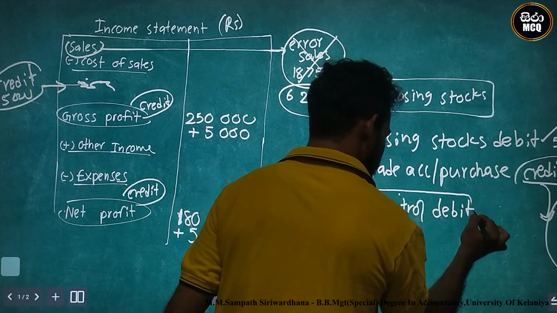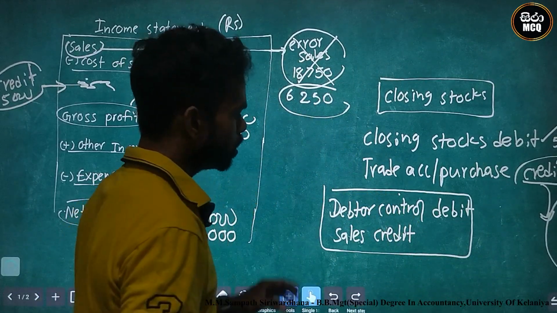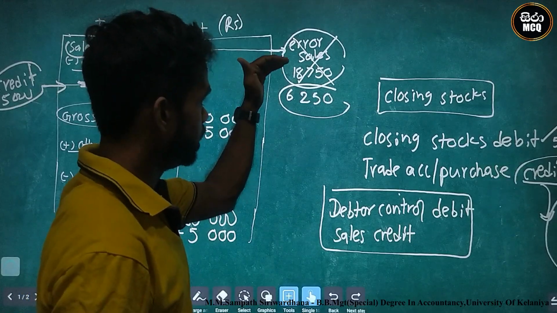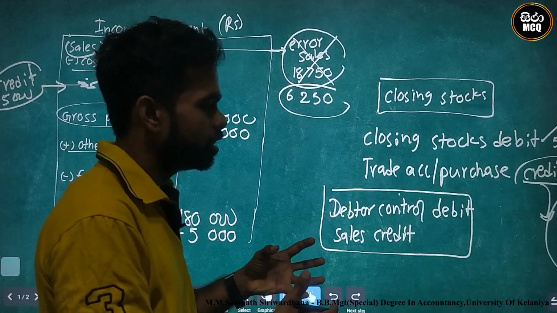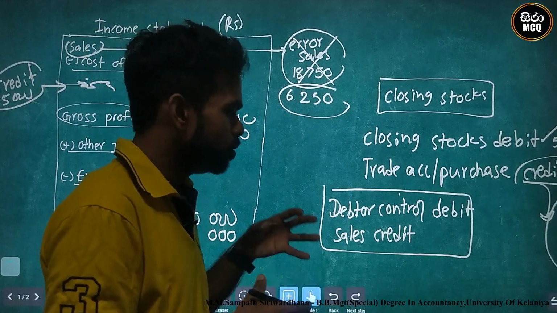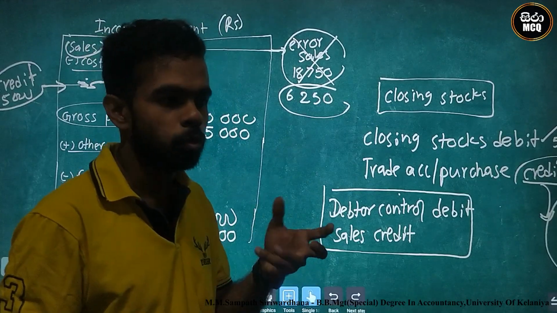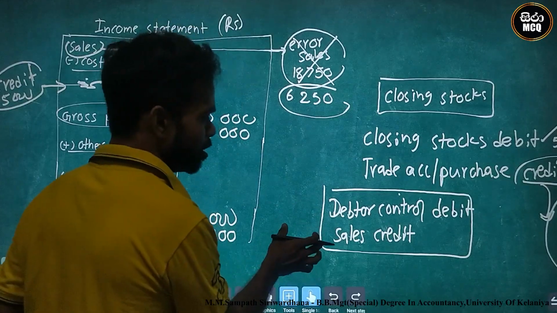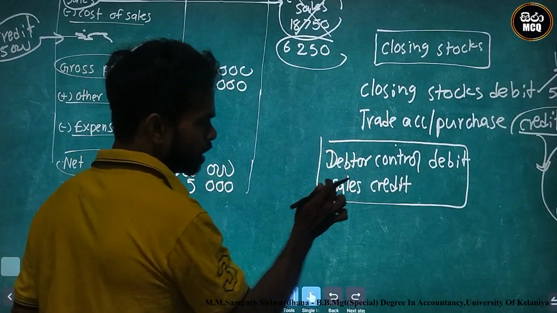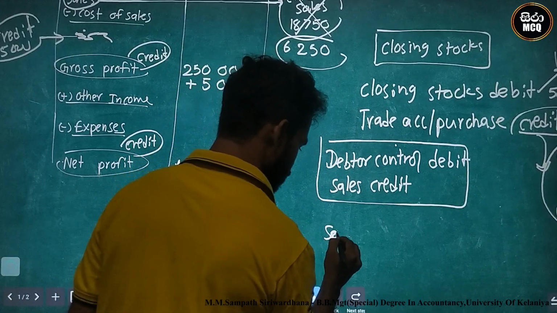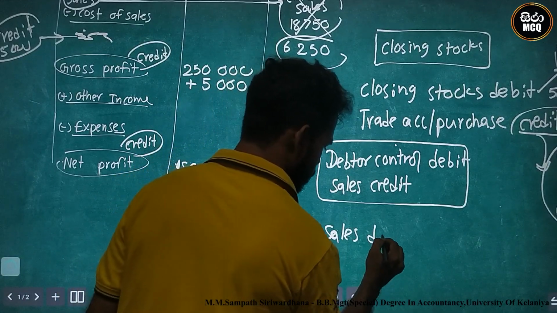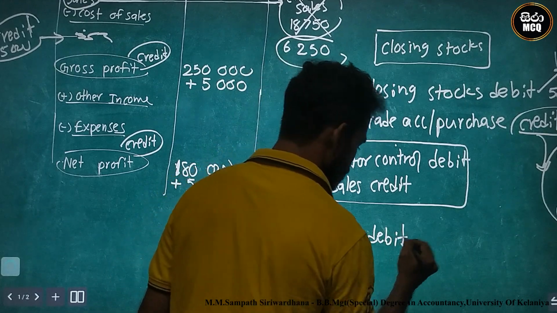They already identified overvalued this short. Why? 18,750. Therefore, you must identify the opposite side of this. There is overvalue. You must reverse this. What is the reverse short? Sales credit now, sales debited. Debit to sales. This is the reverse.